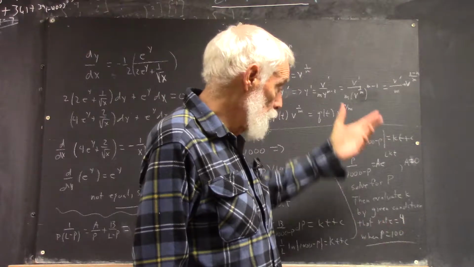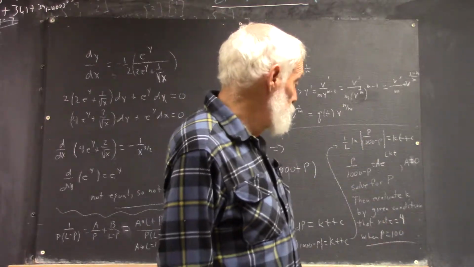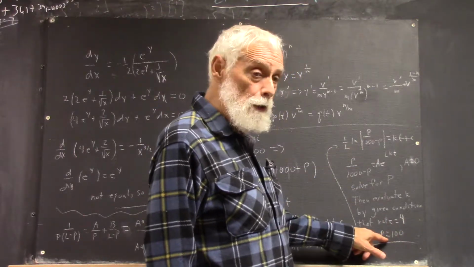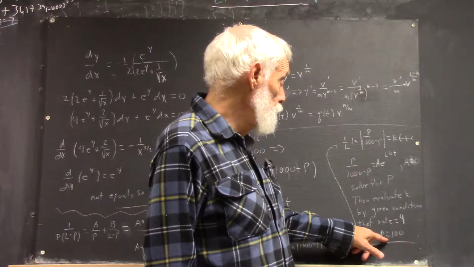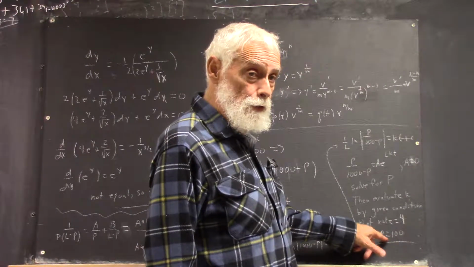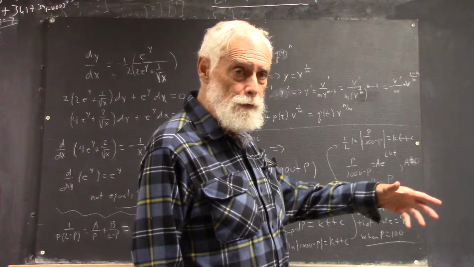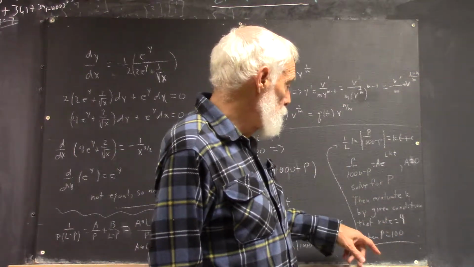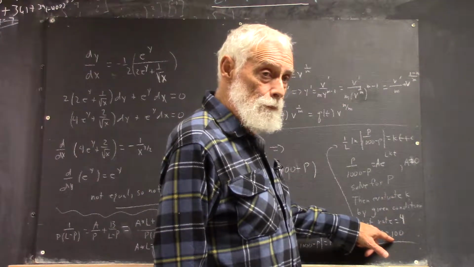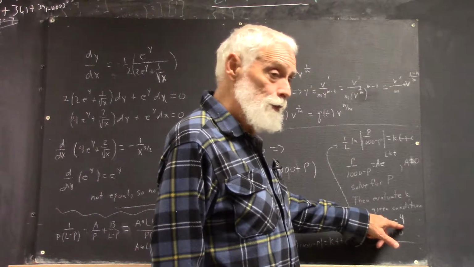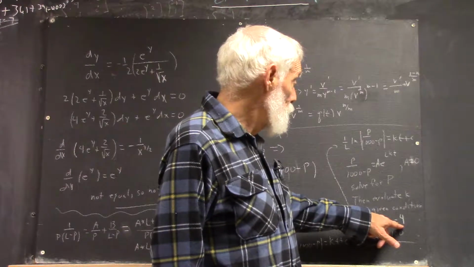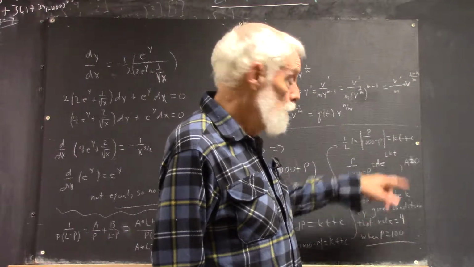I forget what the unit of time was right now. When the population is 100. So you've got to take the derivative of your population function, plug in P equals 100, and set that result equal to 4, and you'll have k to solve for.